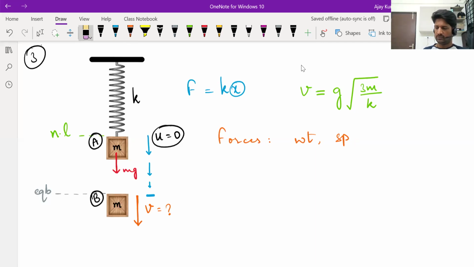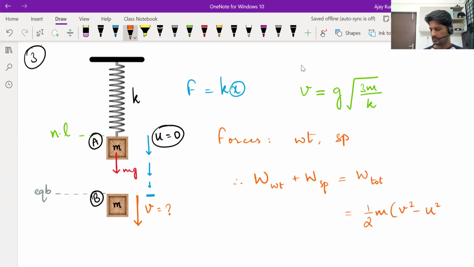Nothing sir. No, these are the only forces. Therefore, work done by weight plus work done by the spring force should be the total work done. And that should be the change in kinetic energy of the block. This is the idea here.